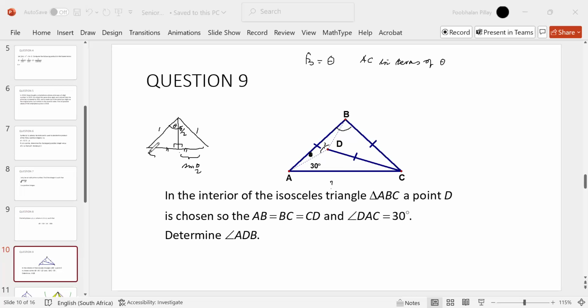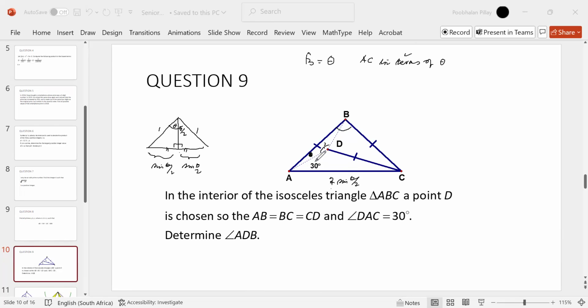So even this is sine theta over 2. So this AC can be calculated quickly. It's 2 sine theta over 2. Right? If you use a cosine formula, you can do it, but then you'll have to simplify a bit to get to 2 sine theta over 2. Okay, so you got that. That is the first thing.